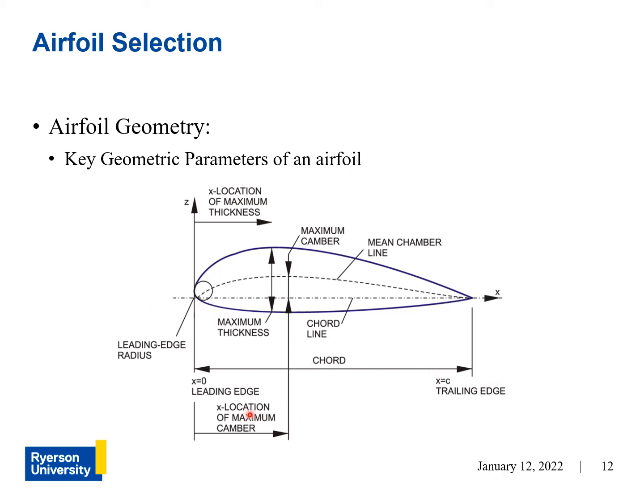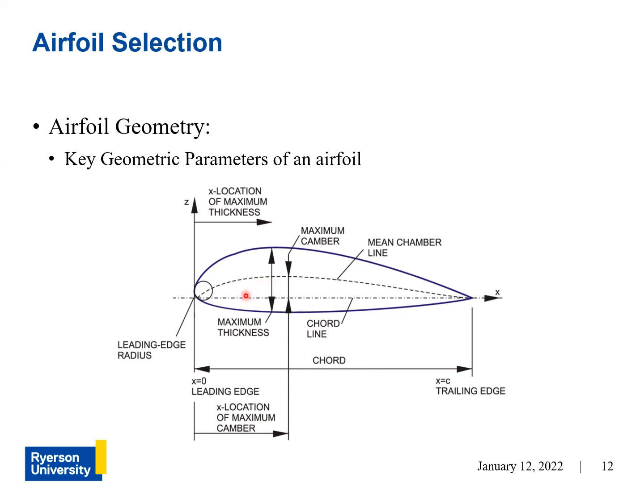So in that case, if you use percent chord, even if your chord is different, because typically at the root your chord would be bigger and your chord at the tip will be smaller, everything will be in proportion, and in relation to each other, everything will have the same distances, even though everything else is a little bit smaller on the tip in comparison to the root.